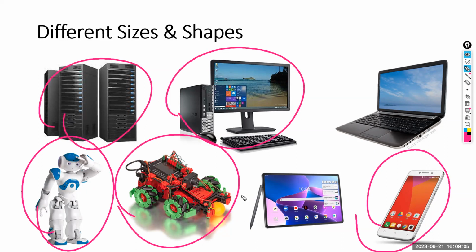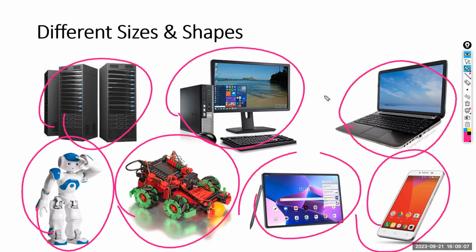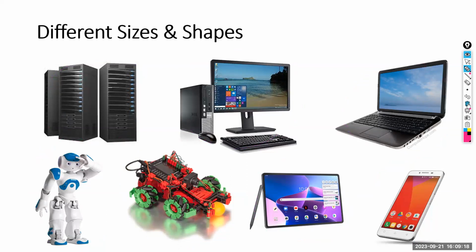But those are all computers. So the architecture and the philosophy is the same, but they can do different things. Right? So that is another reason why computer is a complicated, complex device. Because when we say computer, it comes in different sizes and shapes, and for different purposes.